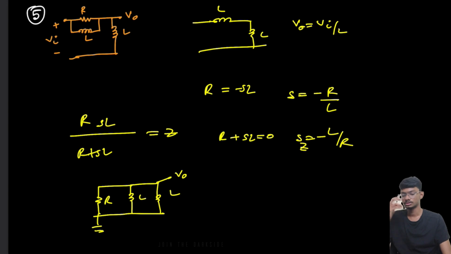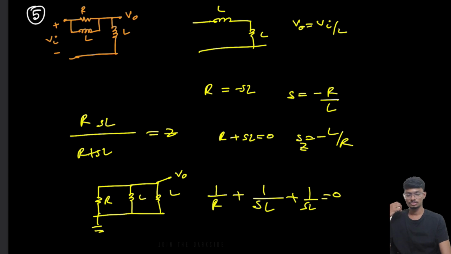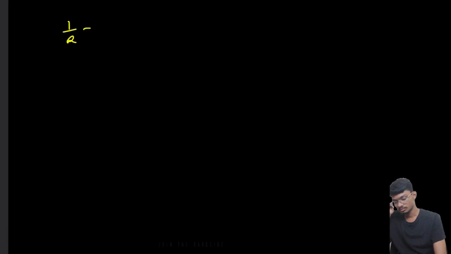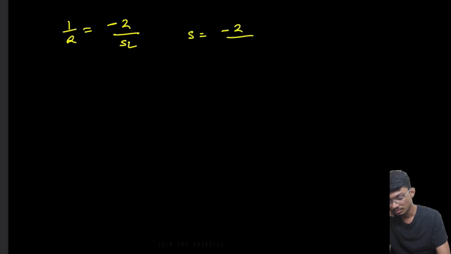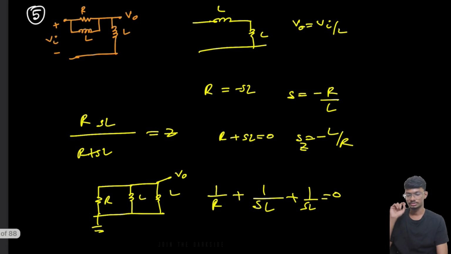We're shorting the input, so we have to make infinite impedance, that is, the admittance should be 0. What is the admittance? 1 by R plus 1 by SL plus 1 by SL equals to 0. So again equating this, 1 by R equals to minus 2 by SL. So s equals to minus 2R by L.